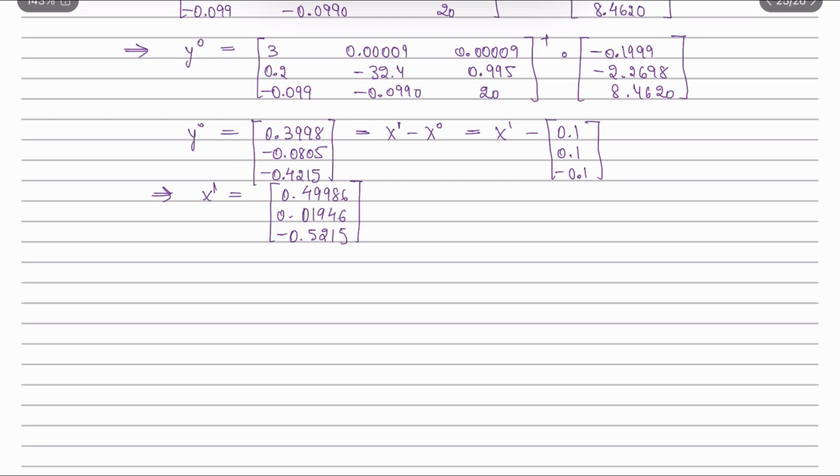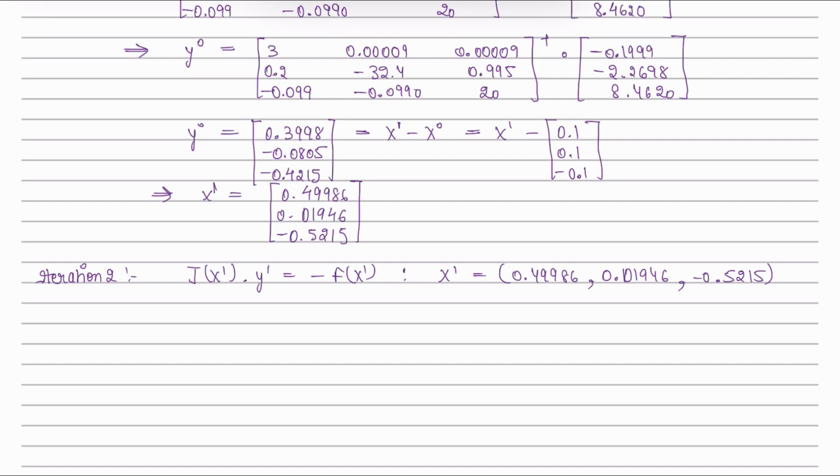That is, for the iteration number 2, updating rule will be Jacobian of x1 into y1 is equals to minus of f of x1, where the value of x1 will be 0.49986, 0.10196, minus 0.5215.